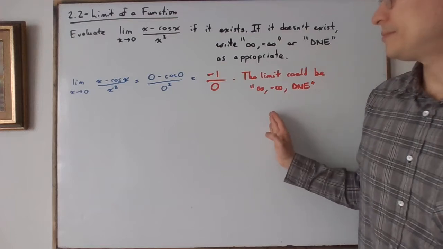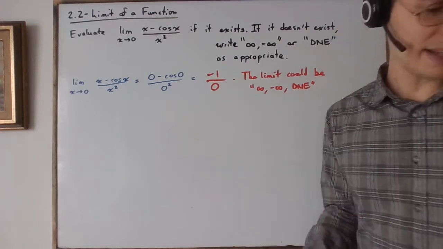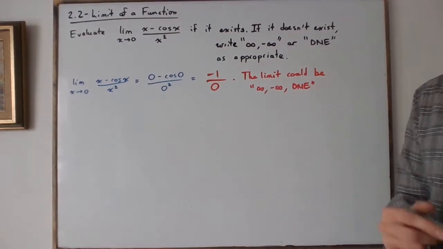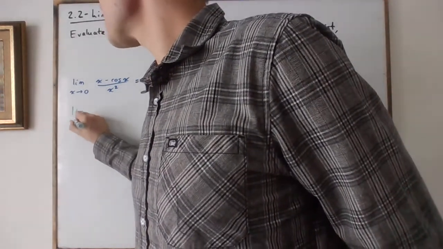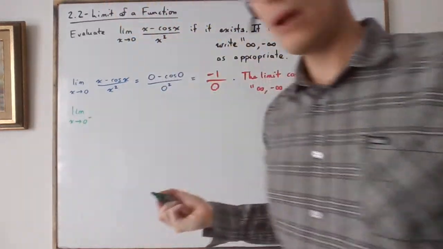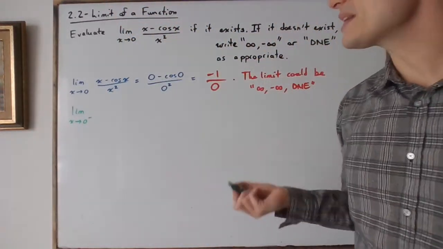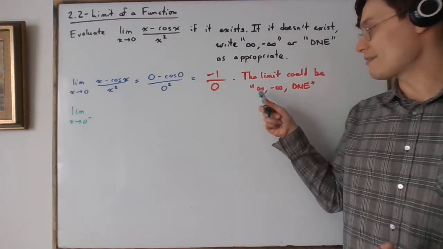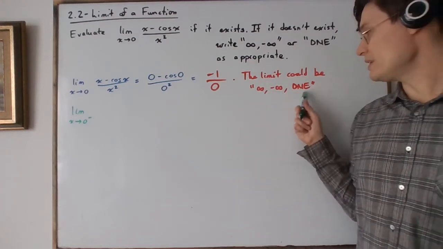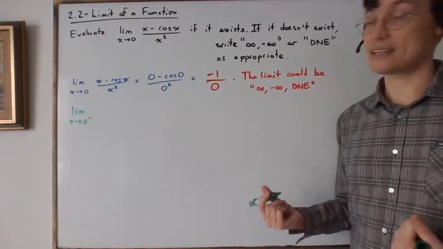What we have to do then is the two one-sided limits. We have to do the limit as x approaches 0 from below, and the limit as x approaches 0 from above. If they agree, we will have one of these two. If they don't agree, we will have to write does not exist.